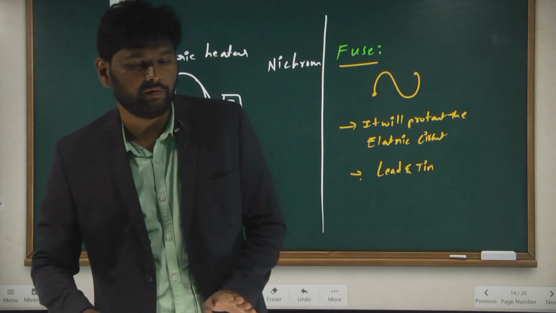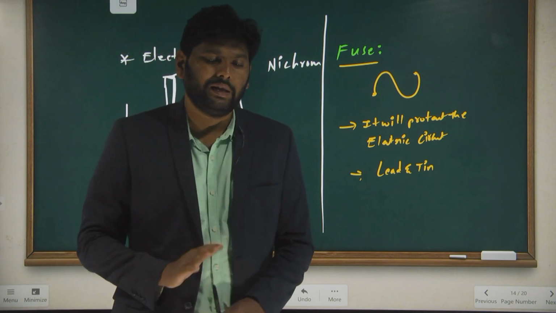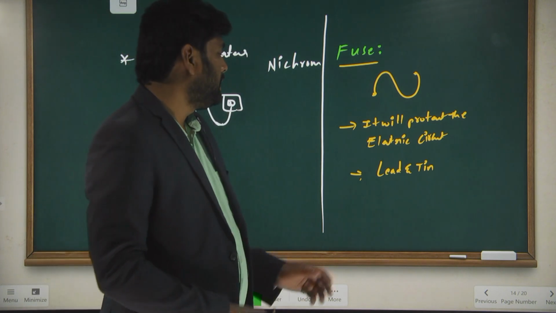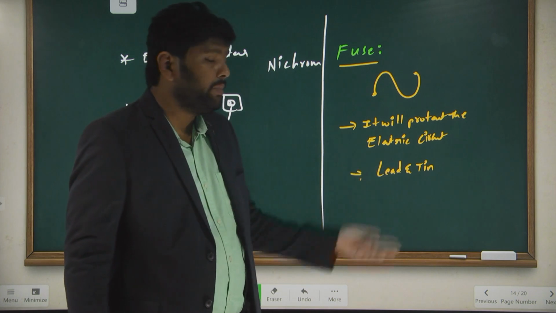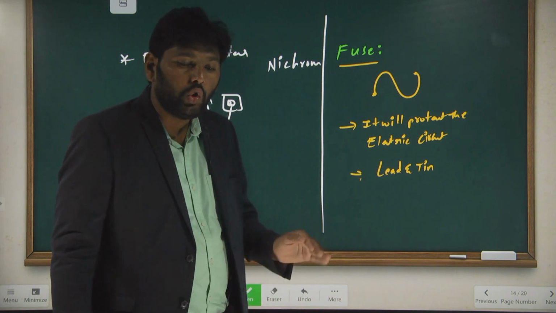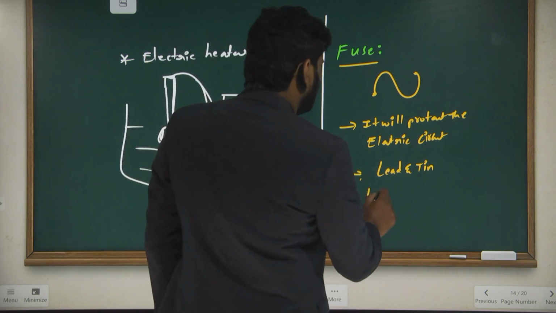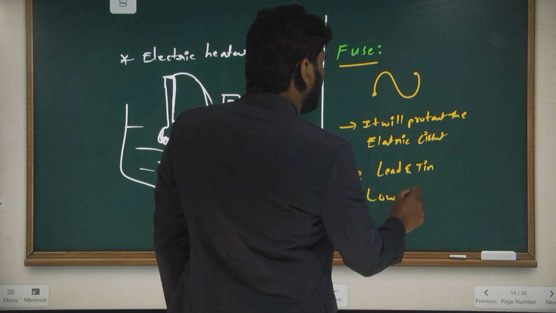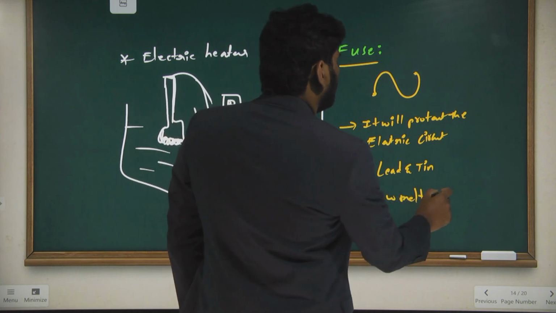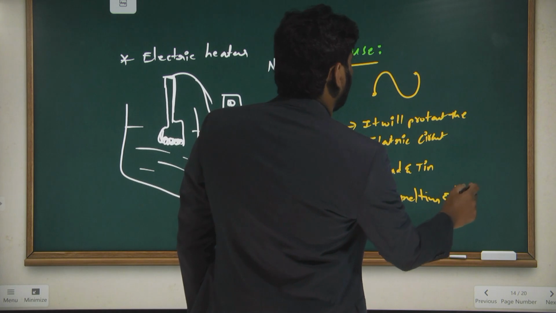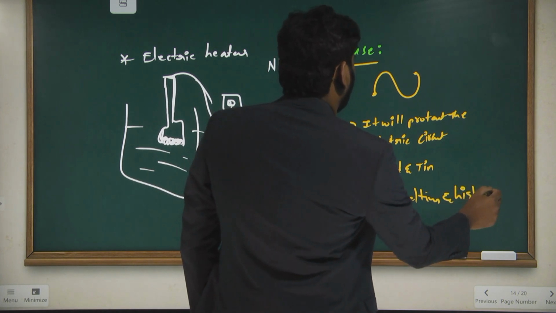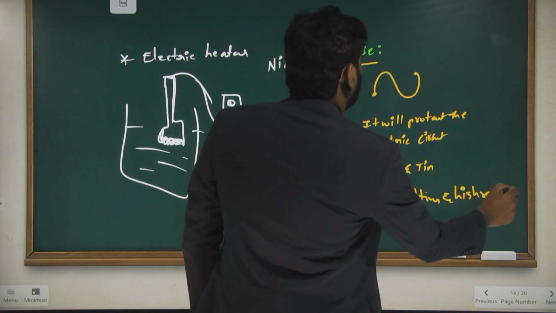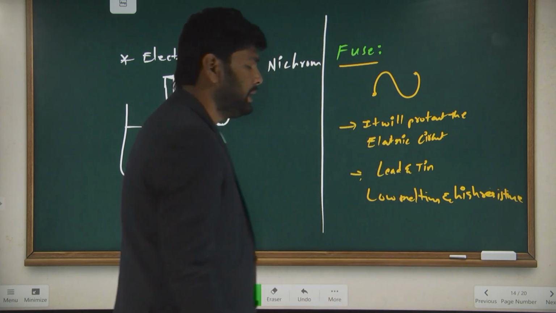This lead and tin material has a low melting point and high resistance. That is the reason we use the alloy.